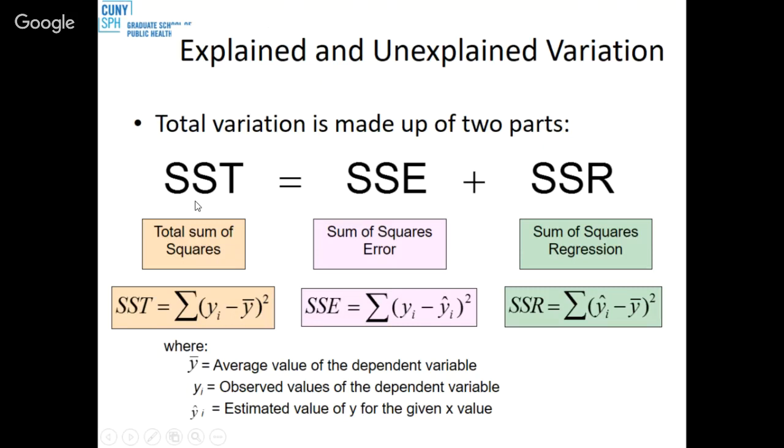Going back to the analysis of variance stuff that you learned, it's still relevant here. Even though we don't have the categorical predictor here, we can still break up the variation in the y variable into two parts.